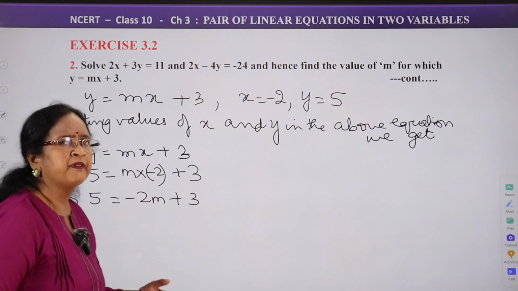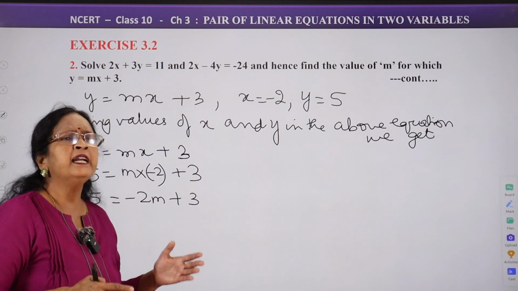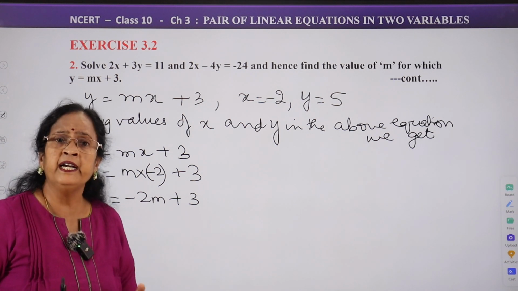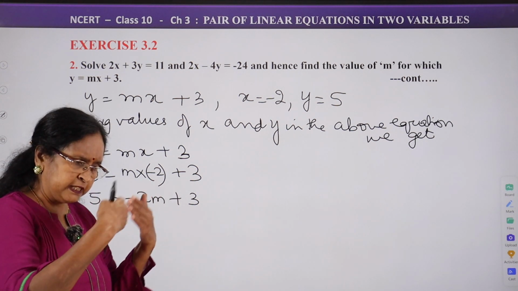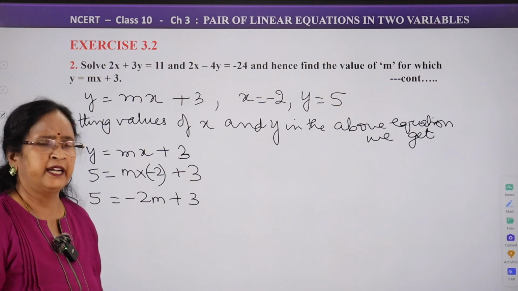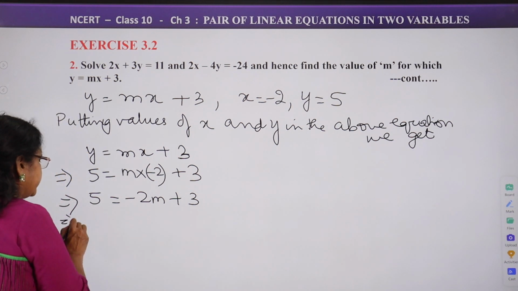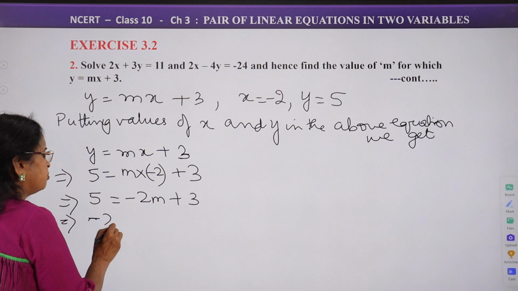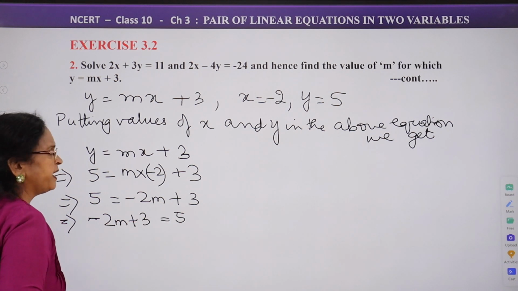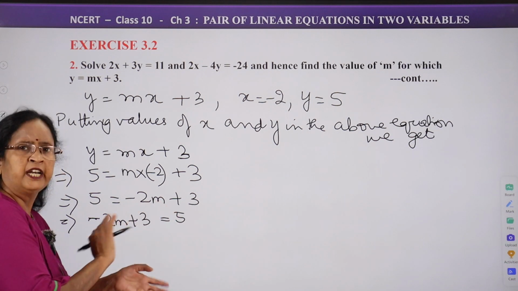I always prefer to put, and it is not preference also, it is a kind of rule, to have variables on the left hand side and the numerals on the right hand side. Alright, so now doing that, minus 2m plus 3 is equal to 5. I have just interchanged.